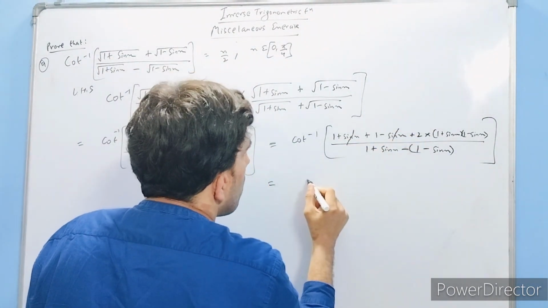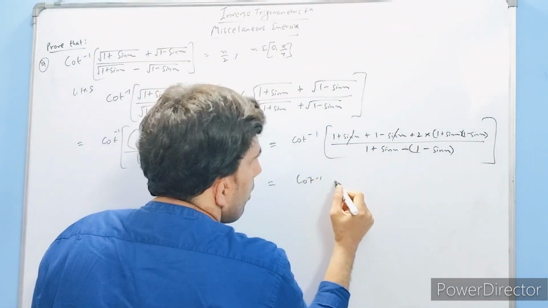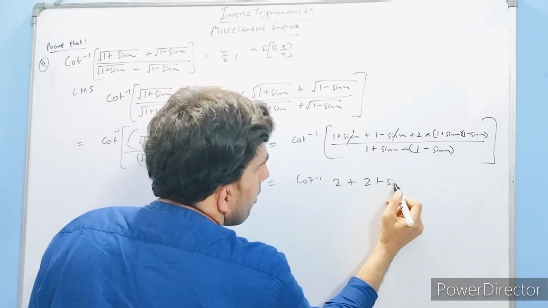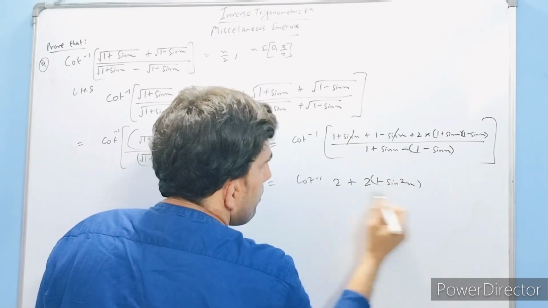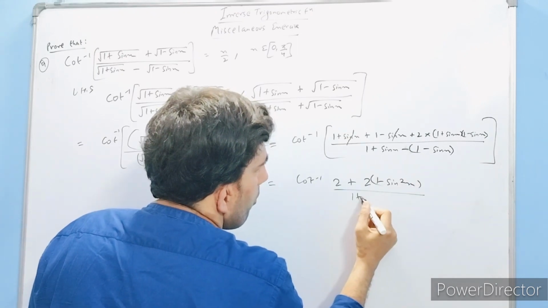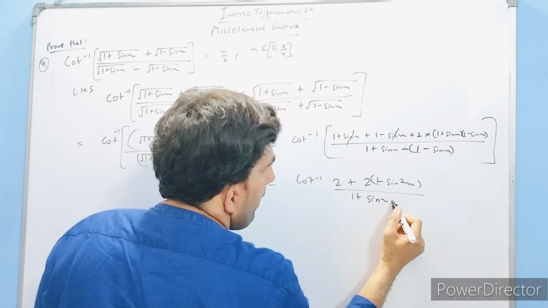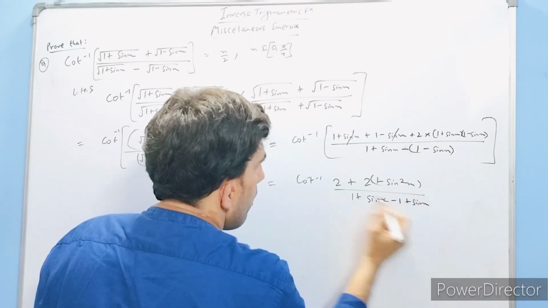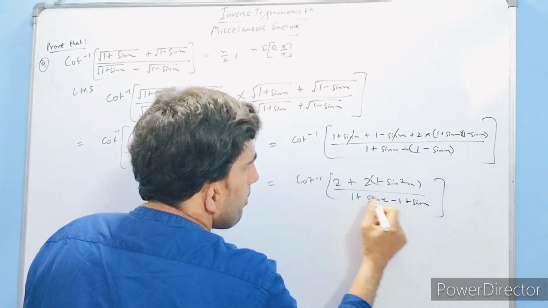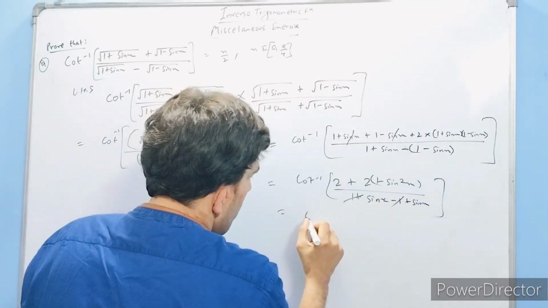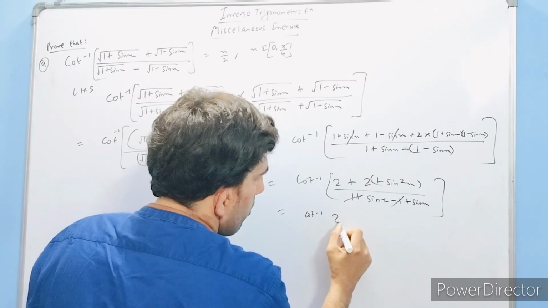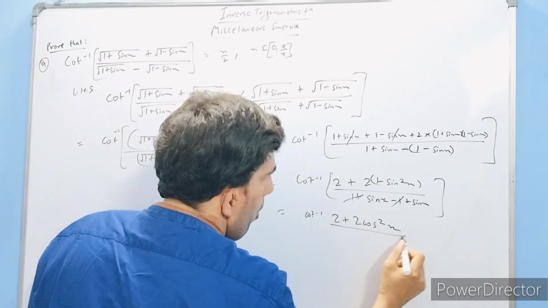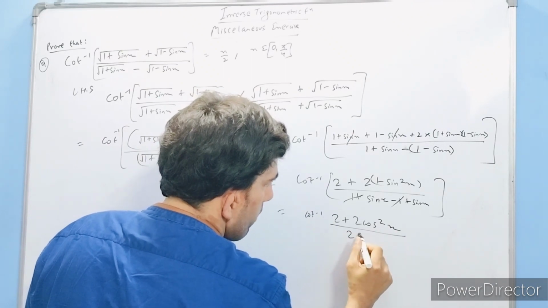So now what will happen? Reduced. So I got cot inverse (2 plus 2 into cos square x) upon 2 sin x.